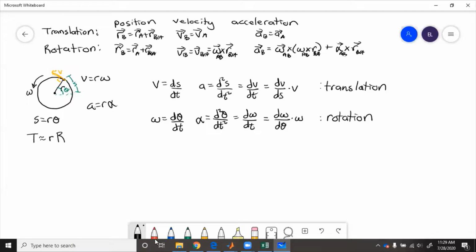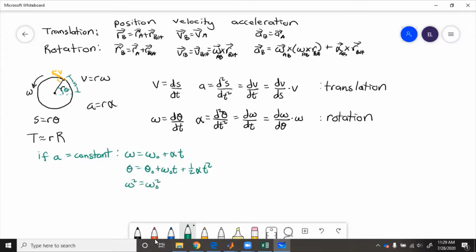Now, if acceleration equals constant, then we'll get omega equals omega initial plus alpha t, theta equals theta initial plus omega initial t plus 1/2 alpha t squared, and omega squared equals omega initial squared plus 2 times alpha times theta minus theta initial. So that was for rotation.